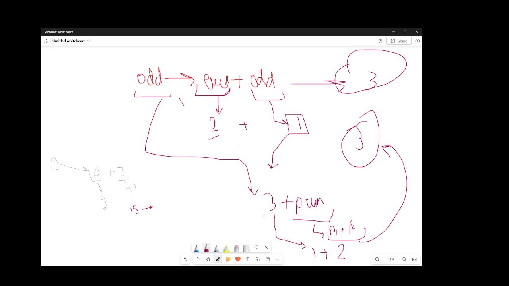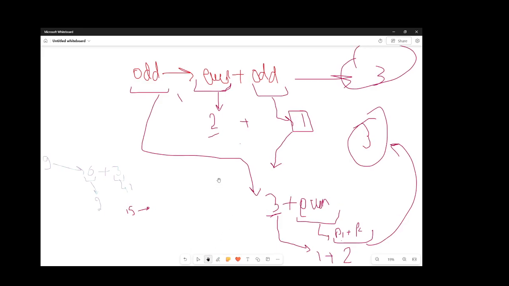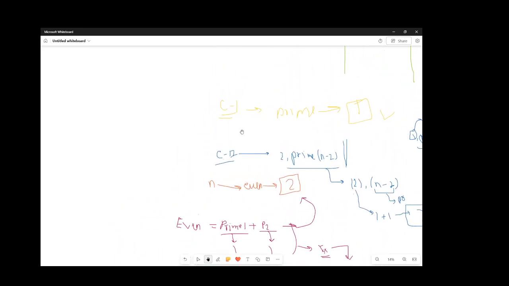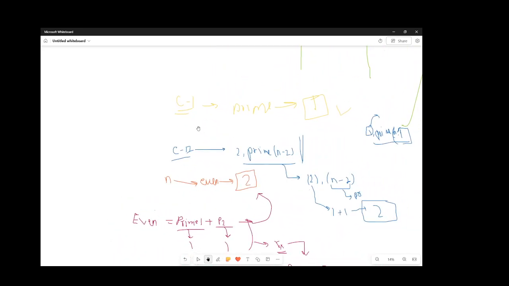And don't think that it would not always be possible to get 3 here, because for 1 and 2, if let's suppose that n is 1, then this would be falling. Obviously, this is not under the problem constraint because n would always be greater than or equal to 2. So now let's think that n is 2.